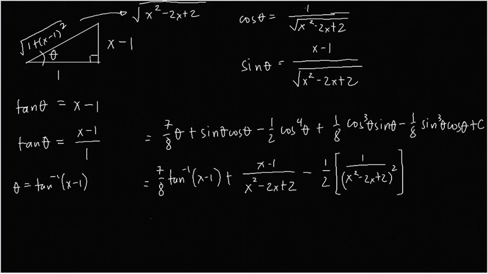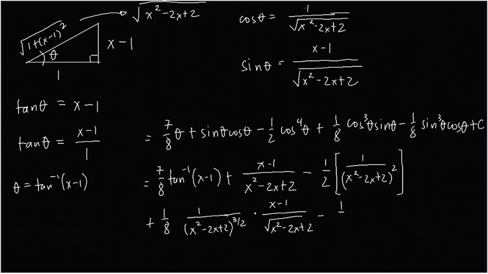Then, we have 1/8. Then, cosine cube of theta is 1 divided by x squared minus 2x plus 2 raised to 3/2 times sine of theta is x minus 1 divided by the square root of x squared minus 2x plus 2.